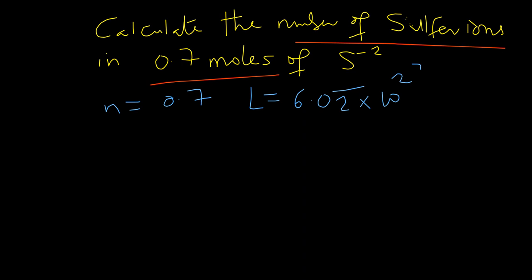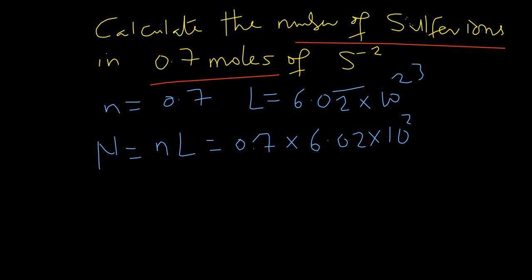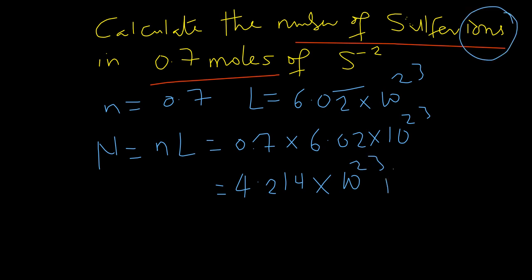If you are looking for the number of sulfur ions, which is the particle, that will be N equals the mole times Avogadro's number, which gives us 0.7 times 6.02 times 10 exponent 23. When you solve the math, that gives us 4.214 times 10 exponent 23. Remember, it said ions, so the answer will be ions. Those are the particles, ion particles.